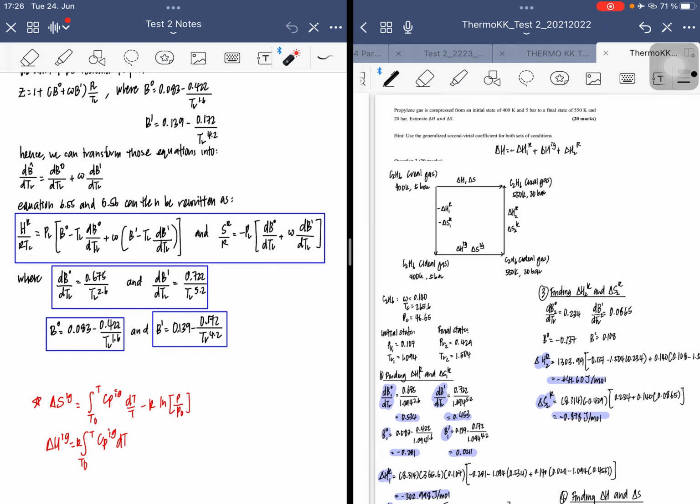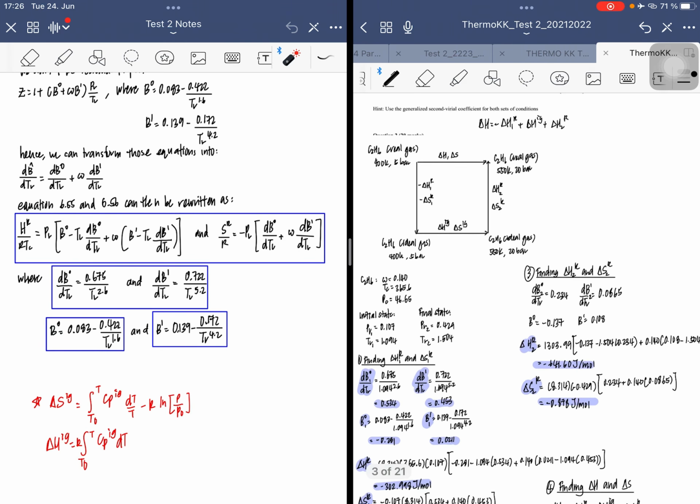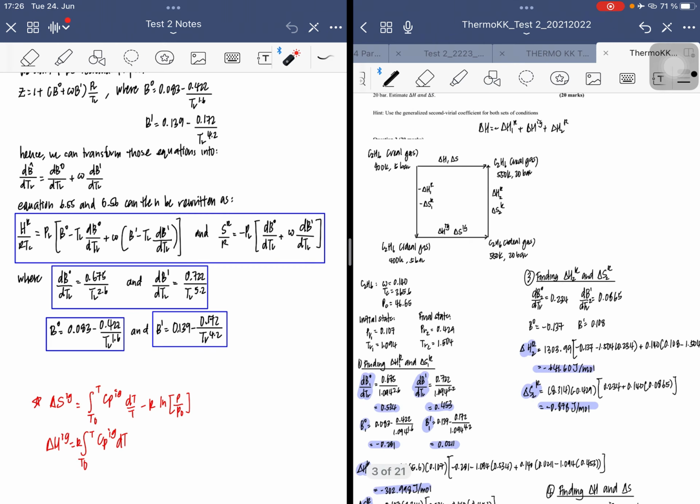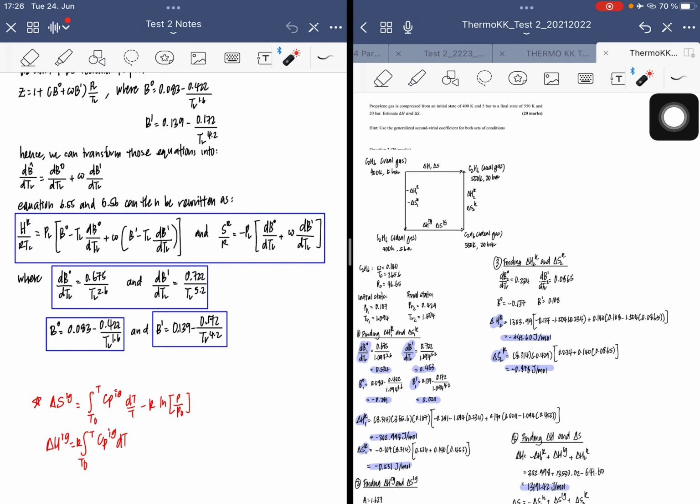There's a negative sign here, and you just have to change your sign because it's negative, but you want a negative value of that residual enthalpy. So you just have to pay attention to changes of signs, honestly. Other than that, it's pretty straightforward.